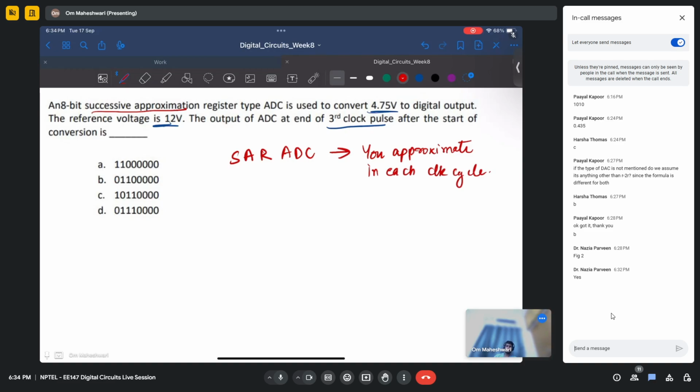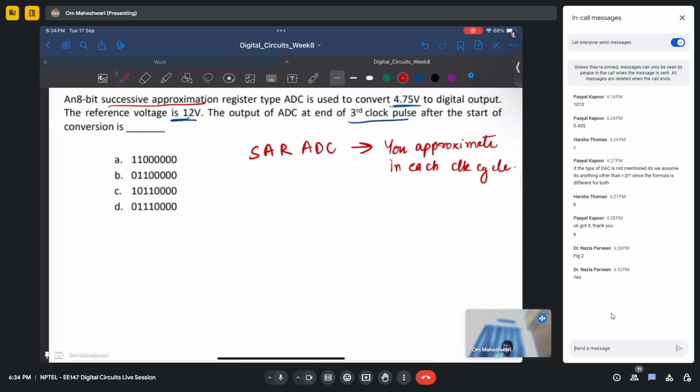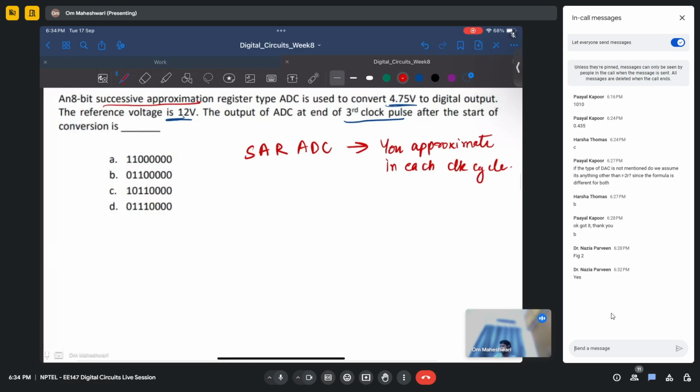So you first approximate what could be the output, then you check, then you approximate, then check. So like this it works. If you have seen the videos, you may be able to solve it. So if anyone wants, they can try for a minute, then we will solve it together.